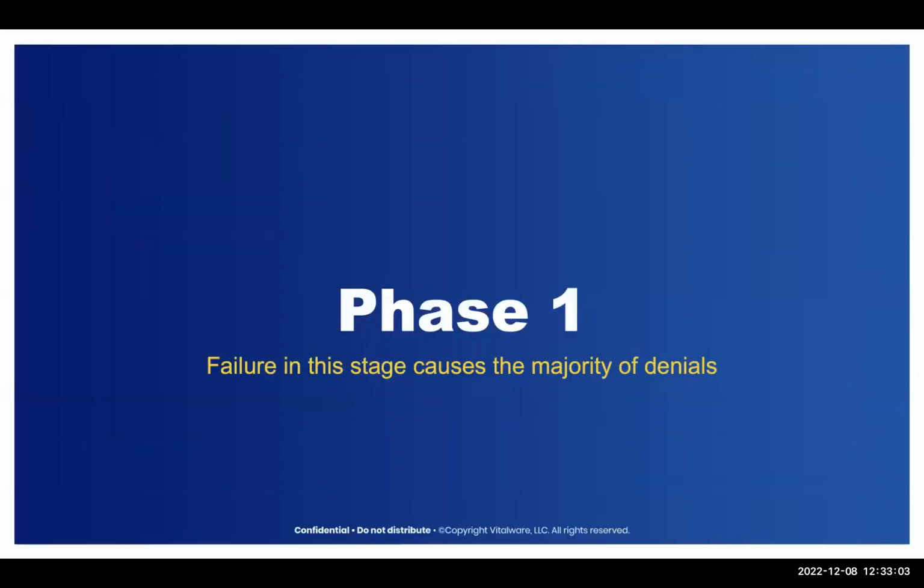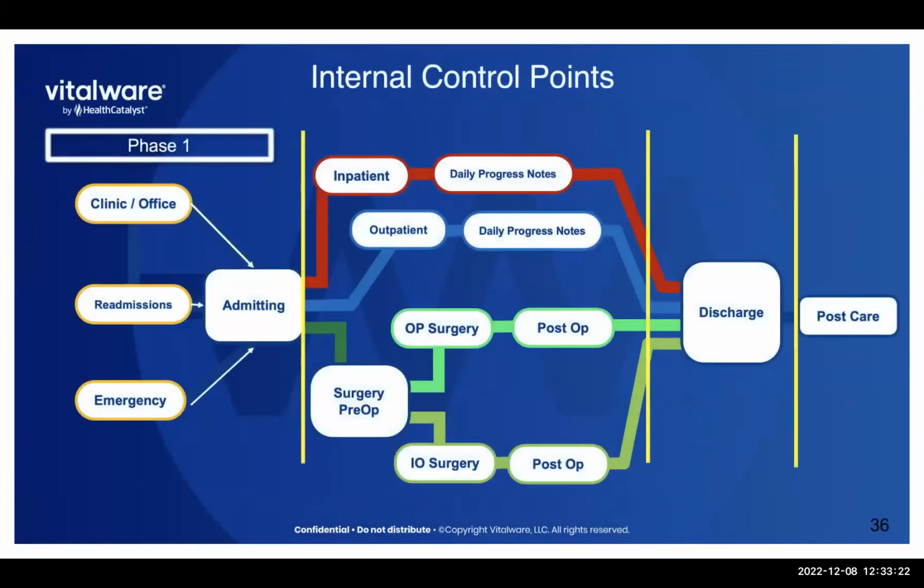So before I go on, I don't see any questions, so I'm going to move on into phase one. This phase is really starting to get attention, but it is the stage that causes the majority of the denials. When I look at phase one, it's the clinic, it's the office, it's readmissions, it's emergency.